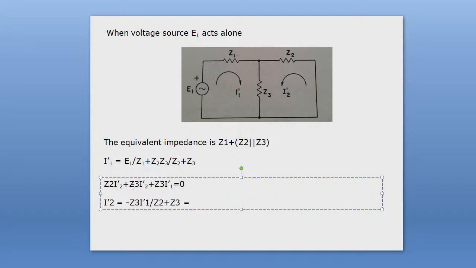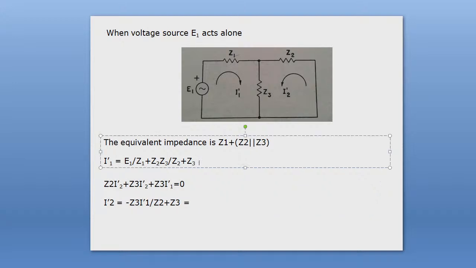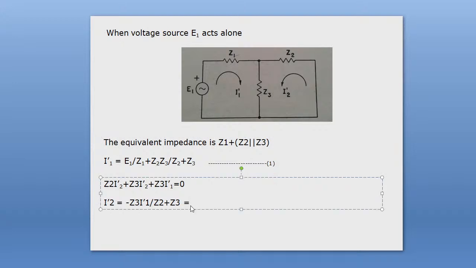Now we will replace the value of I1. You just mention this is equation 1, and you replace the value of I1 from equation 1 into the present equation. Suppose this is equation 2.